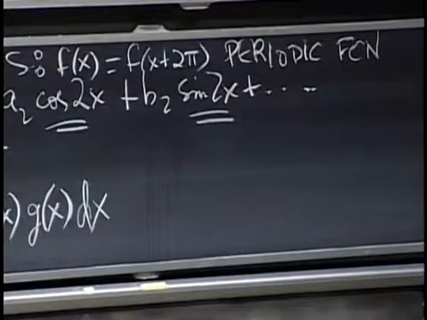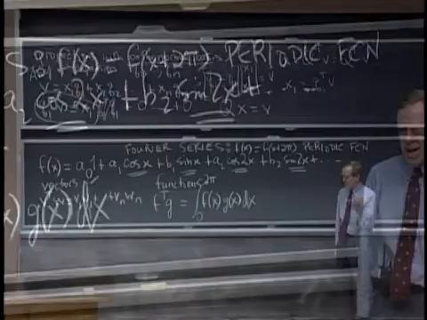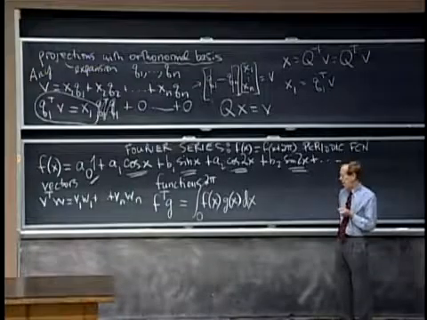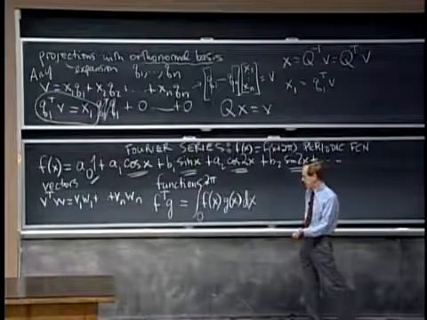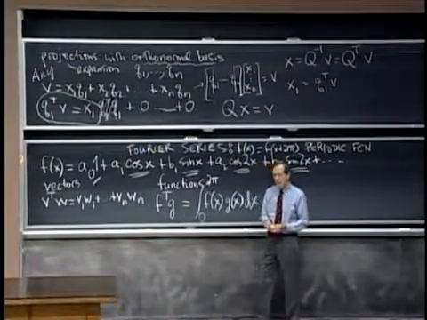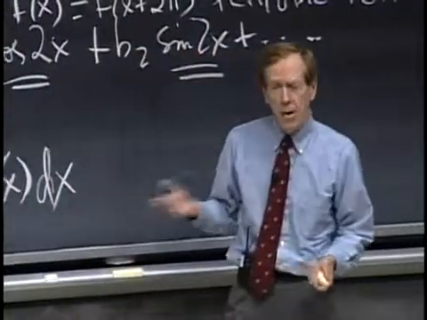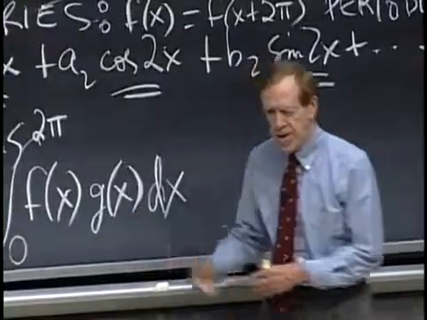Okay. So now I've got all the right words now. I've got a vector space, but the vectors are functions. I've got inner products, and the inner product gives a number. It just happens to be an integral instead of a sum.